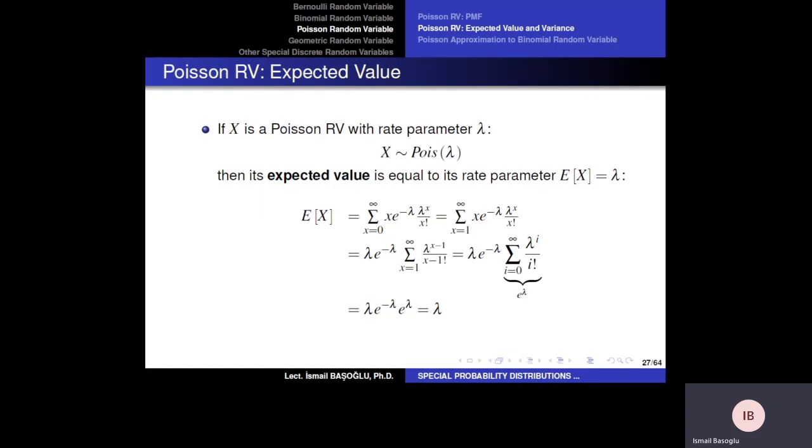Therefore, if the binomial random variable's expectation is np, then the Poisson random variable's expectation will simply be lambda. And that's it. Without using any hard calculations, we can use this logic to determine that the expected value of a Poisson random variable is lambda.